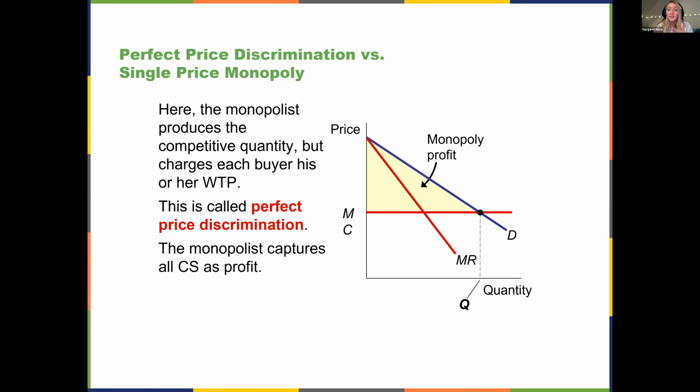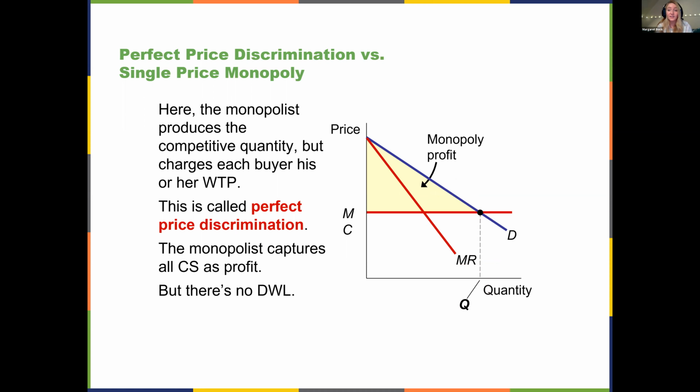And even though this sounds counterintuitive, this actually makes society as a whole better off, because now these people on this part of the demand curve at least get to buy the product now. There's enough product available for these people to actually buy the product, where before the monopolist wasn't making enough for everyone to get the product.